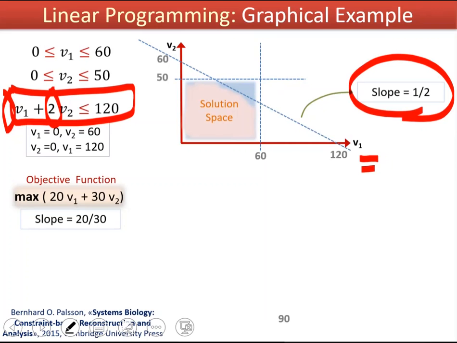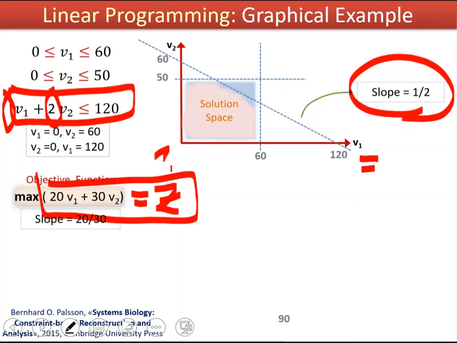If our objective function is defined like this, and we don't know the value of z, this is also a line, right? And the slope of this line will be 20 over 30. So with the given objective function, we don't know its value, but we know that it represents a line, and we know the slope of this line.